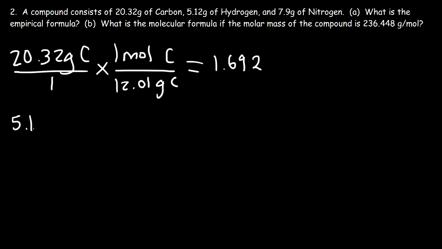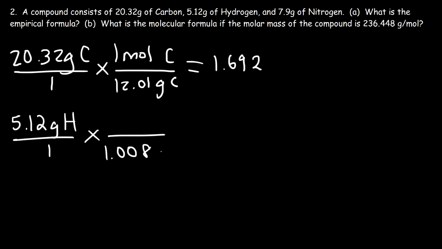So now let's turn our attention to hydrogen. The molar mass is 1.008 grams of hydrogen per 1 mole. And so this is going to be 5.079. And finally, let's move on to nitrogen.